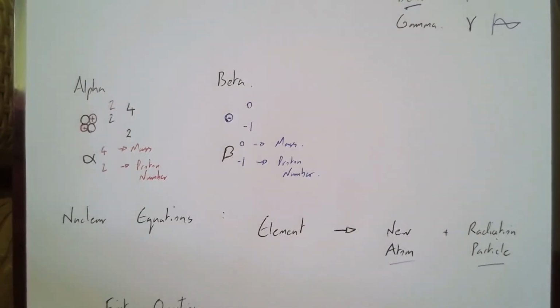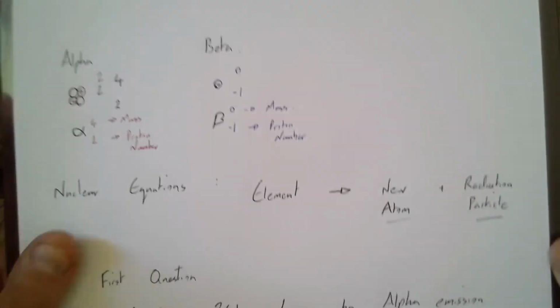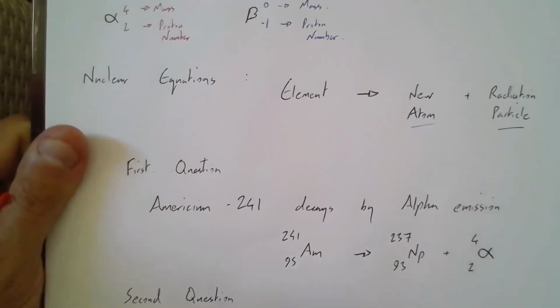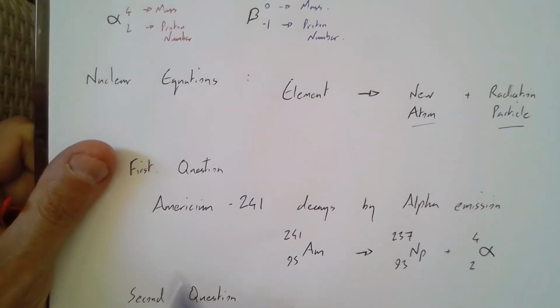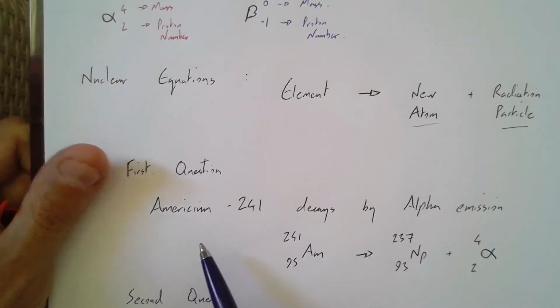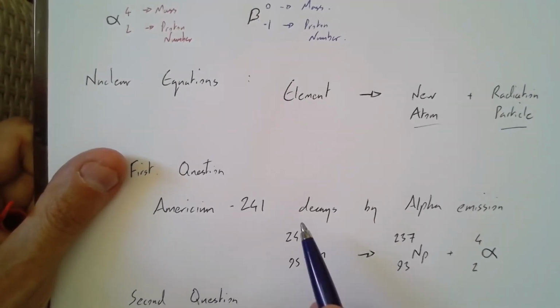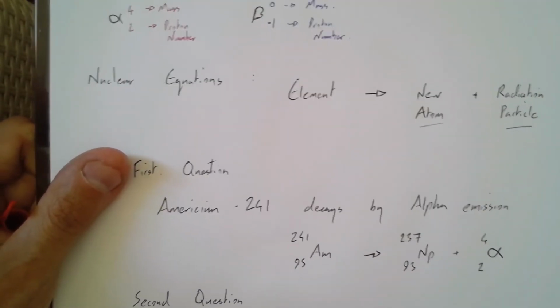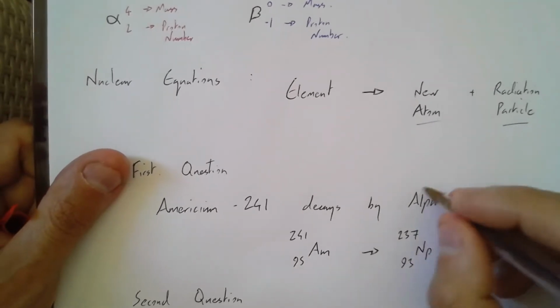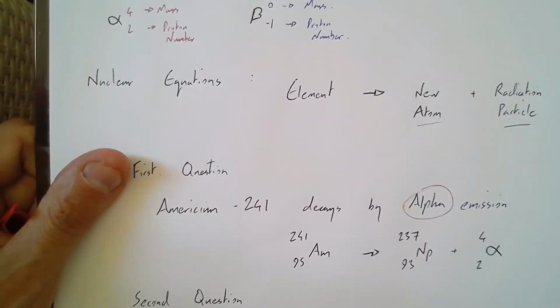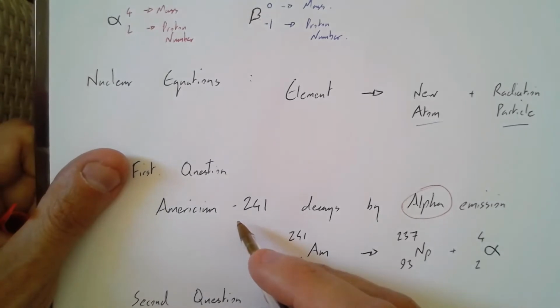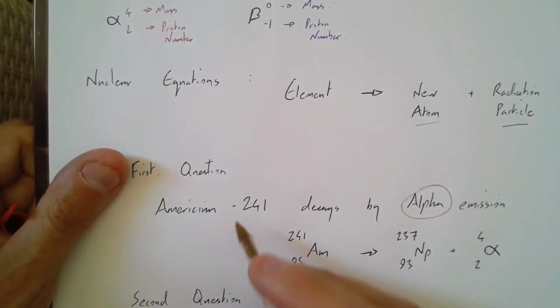So, looking at the questions I've given to you, the first question, and we'll go through it in its entirety. It says americium 241 decays via alpha emission. So we know americium 241, which is right here.